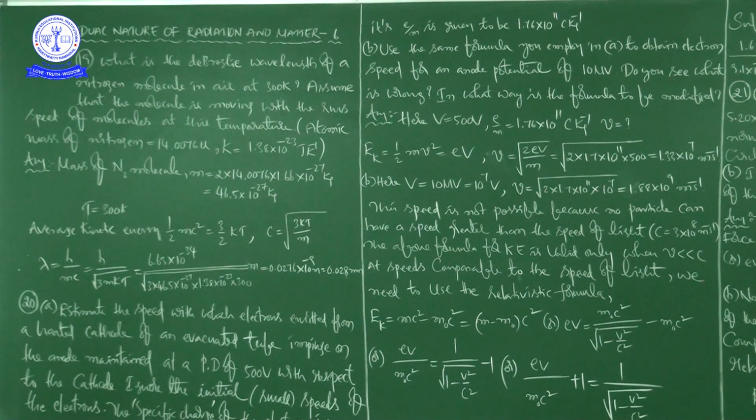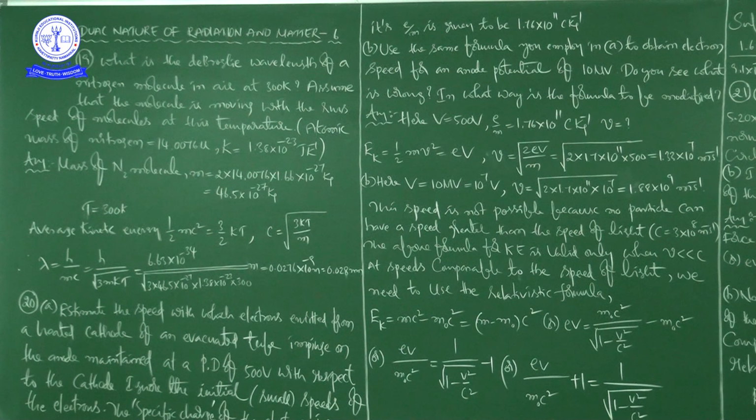Finally, the mass of the nitrogen molecule will be 46.5 into 10 to the power of minus 27 kg. And the temperature is already given as 300 Kelvin.